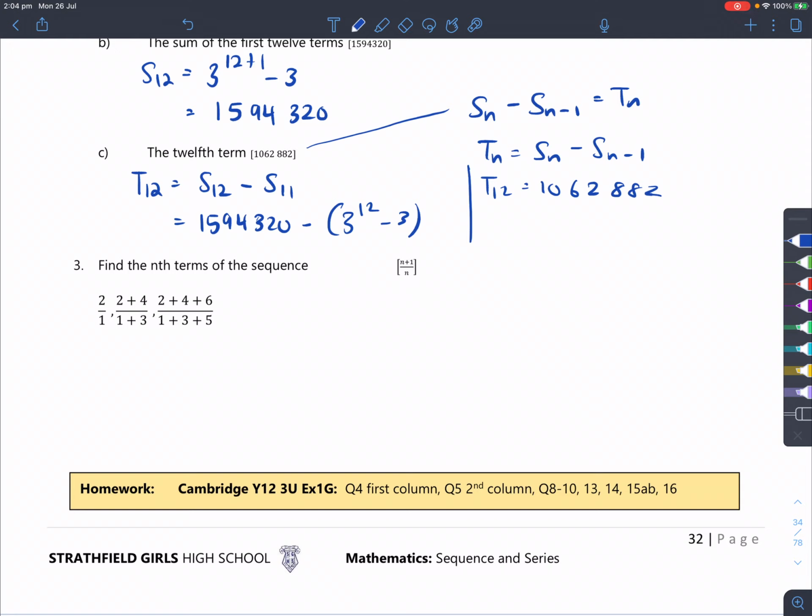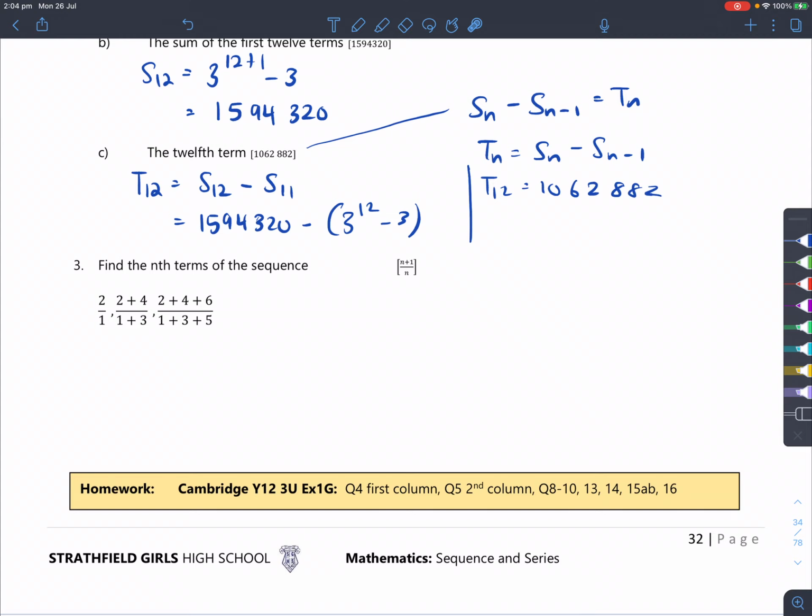For this question, you've got a numerator here, which is a GP, because each time you have a number multiplying by 2. Oh, actually, no. It is going up by 2. It's not a GP, it's an AP. So this question was in the wrong place, sorry, but we can do this as revision anyway.